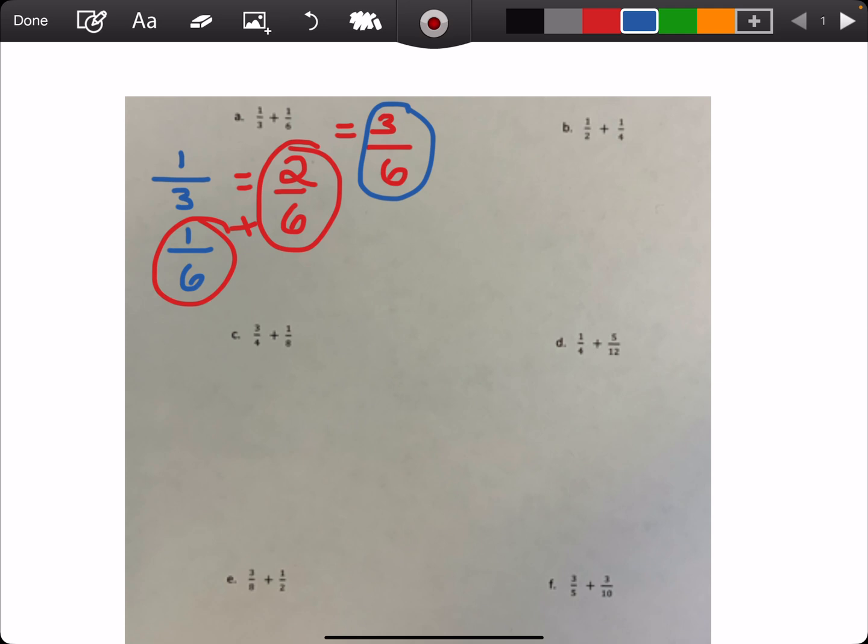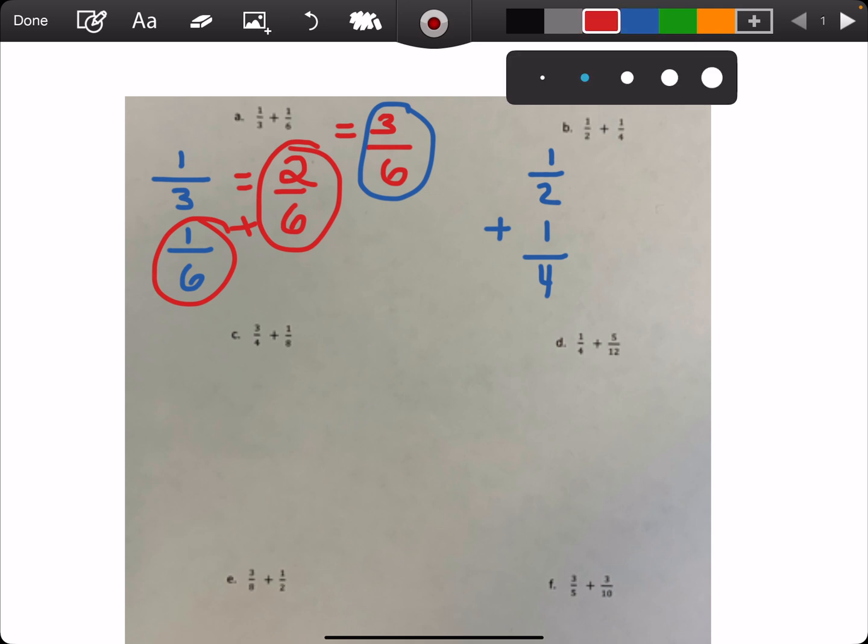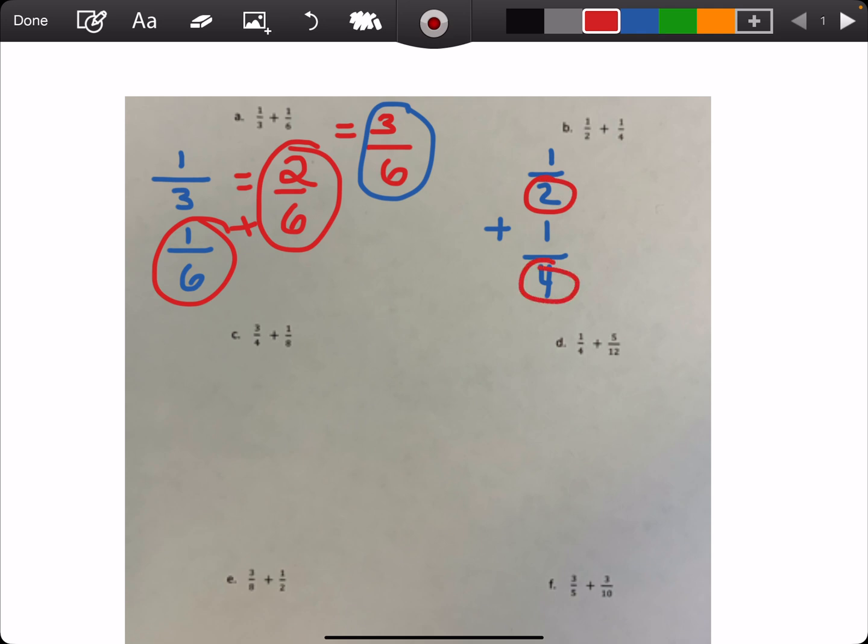Okay, now if you go to B, we have 1/2 plus 1/4, right? So you want to say to yourself, our denominators are 2 and 4.